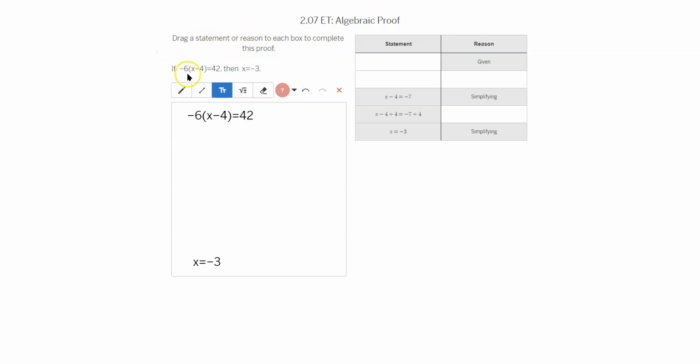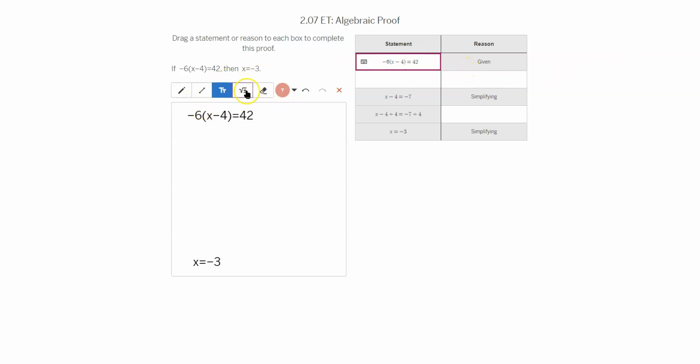If -6 times x minus 4 equals 42, then x equals -3. Here we're going to put what was given to us. This is what was given. Next, they're going to do it a little bit different in this proof than we have in the past.